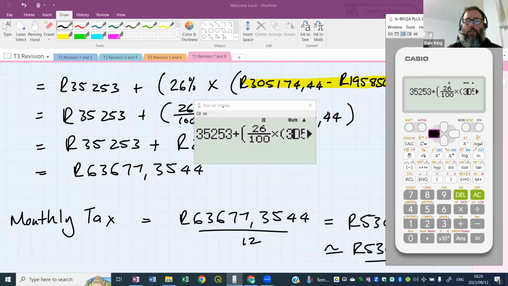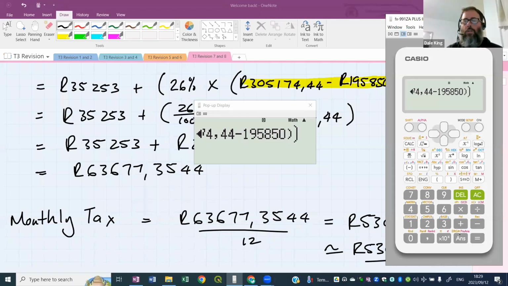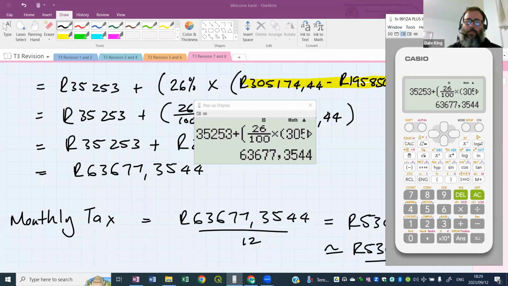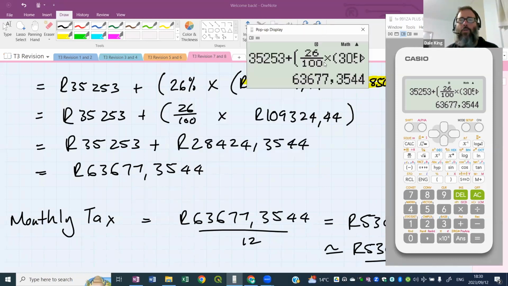If I move back along in the calculator, that big bracket there is to hold the 26%, and the small bracket here is to hold the 305,000 minus 195,000. At the end of the line, you've got to have two brackets to close off. That should give us the same answer. Yep. So check it on your calculator, write it in again, and just let us know in chat if it works. The way you write it in the calculator makes quite a big difference.